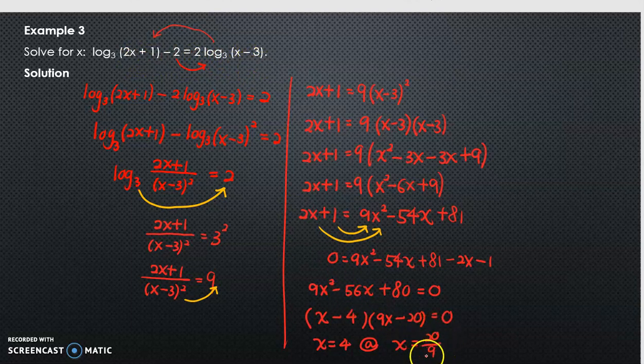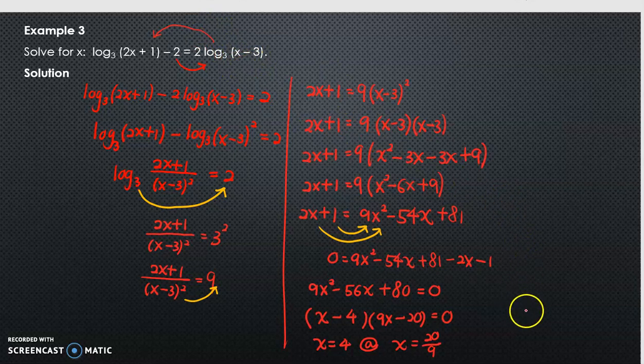But if I substitute 20 over 9 into x, this one is not a problem. But when I substitute here, 20 over 9 minus 3 is equal to negative 7 over 9, which is a negative value. So if I substitute 20 over 9 into this log, I will get a negative value.